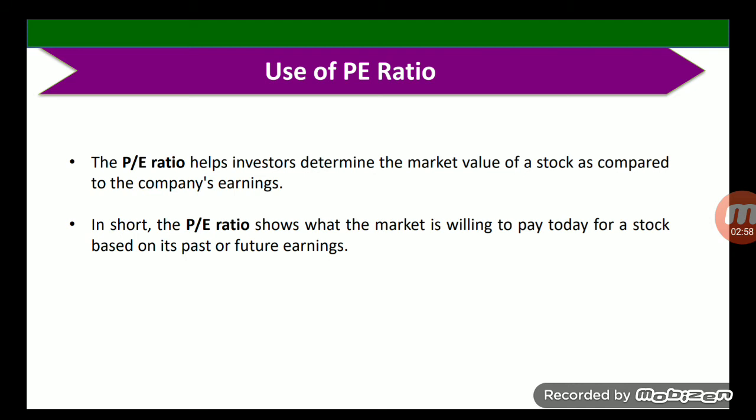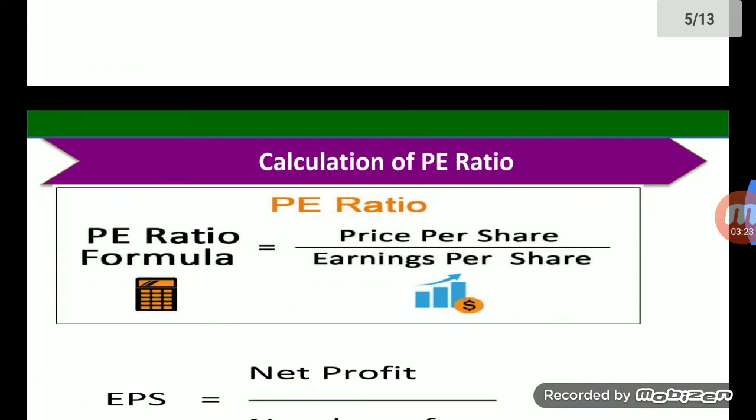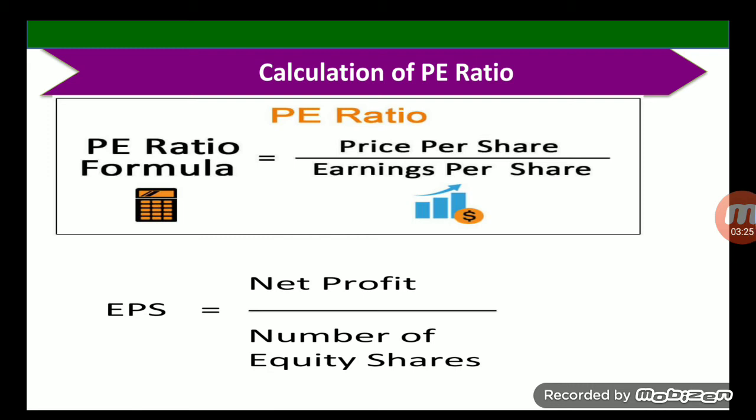In short, the P ratio shows what the market is willing to pay today for the stock based on its past or future earning. It means what price they are ready to pay on the basis of its past performance in case of earning and future estimated earning. How can we calculate the P ratio?